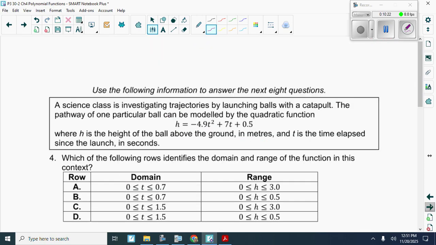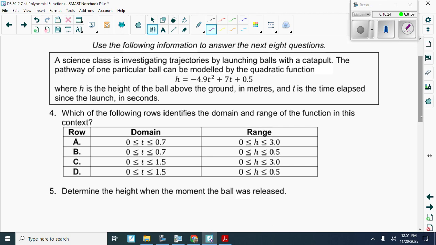All right, our next question is a domain and range question. Some of these, you have this equation and you can graph it and take a look at it. In science class, they're investigating trajectories by launching balls with a catapult. A little bit of physics going on there. The pathway of one particular ball can be modeled by this quadratic function.